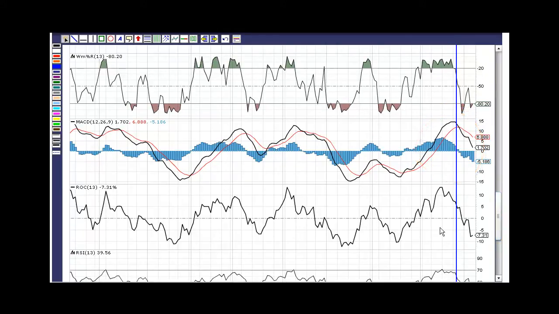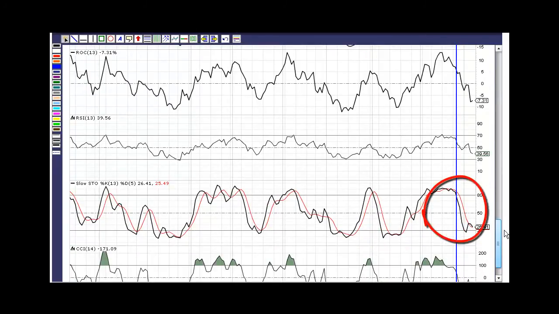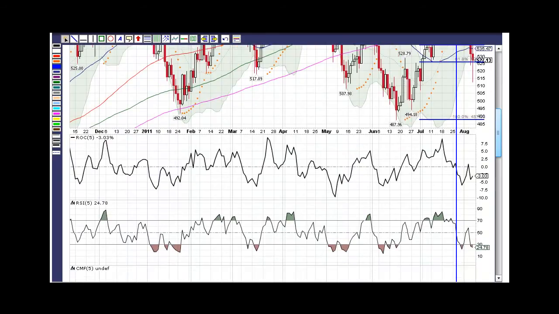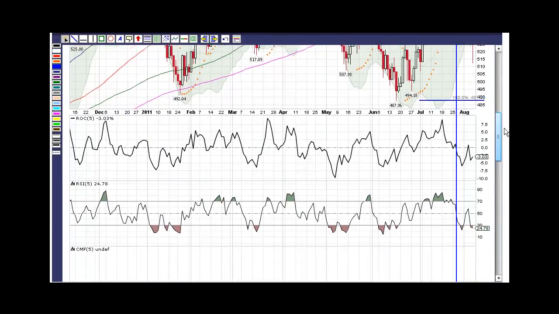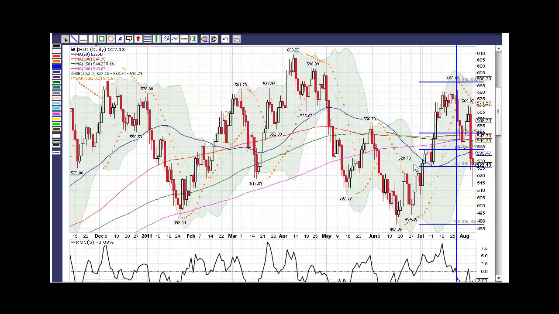The rate of change here is tanking. This is all longer term stuff, and it picked off the stochastic. I love that when that rate of change passes through zero, it really does pick off the day. Anyway, I'm going to close it out at that.